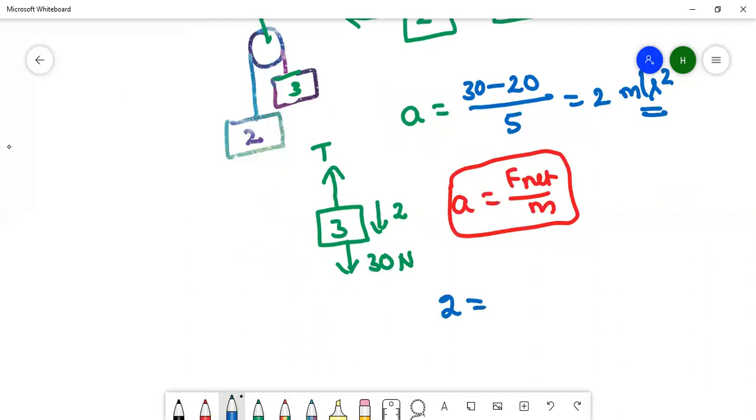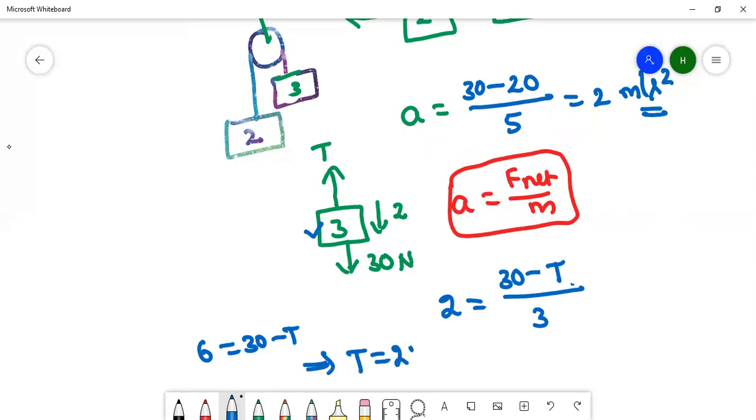What is F net here? 30 minus T divided by the mass of the block, which is 3, where T is the tension. So 30 minus T divided by 3 is equal to 2. So you are going to get 6 is equal to 30 minus T. Then tension is equal to 24 Newton.